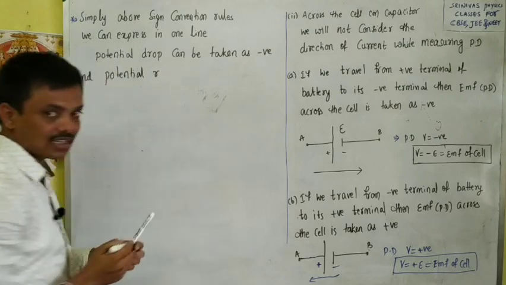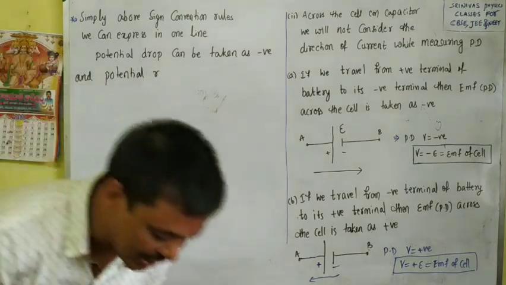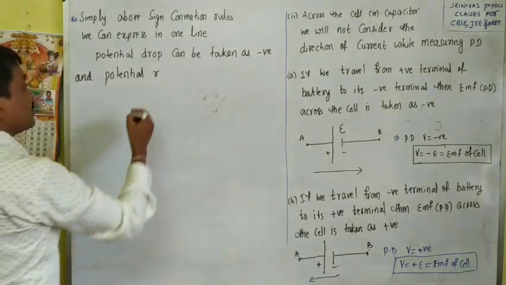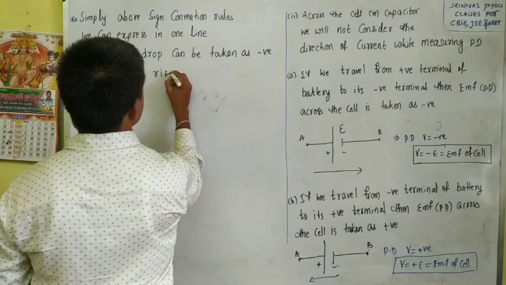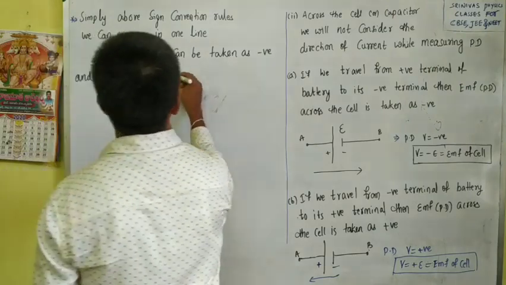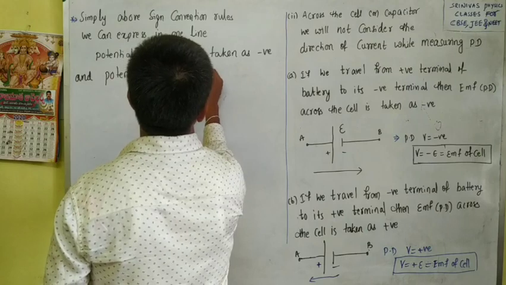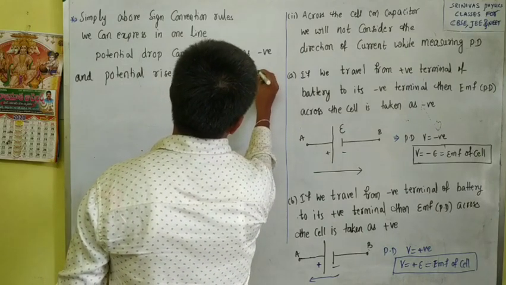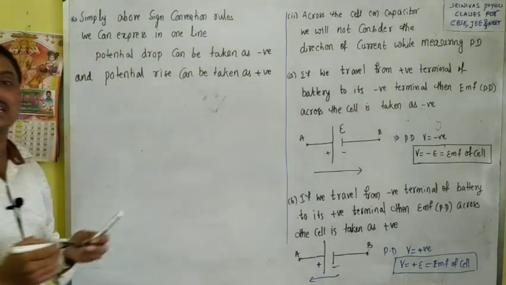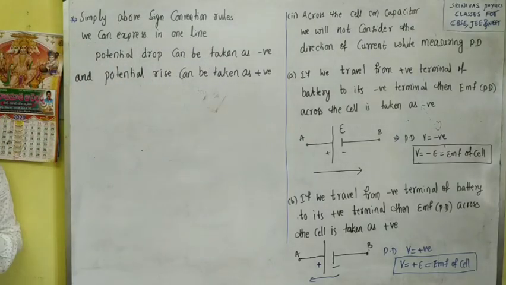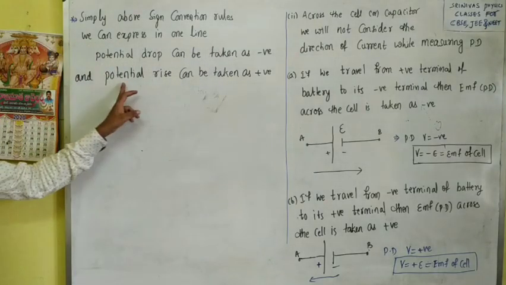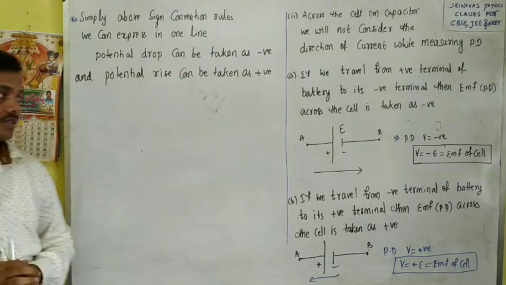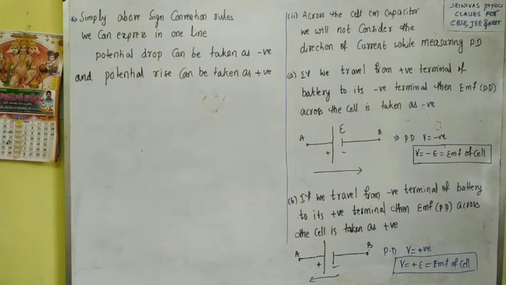Rise means increase, potential rise can be taken as positive. That means drop, a decrease in potential, can be taken as negative, and increase in potential can be taken as positive. These are the sign convention rules.